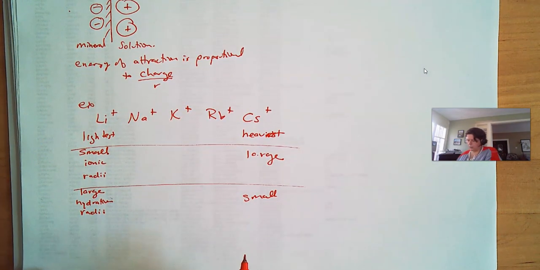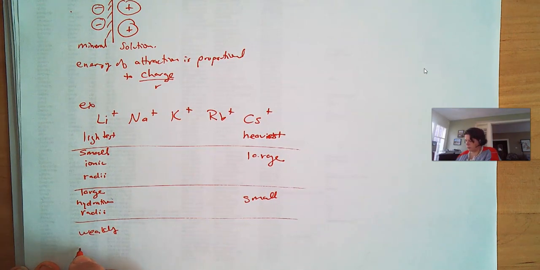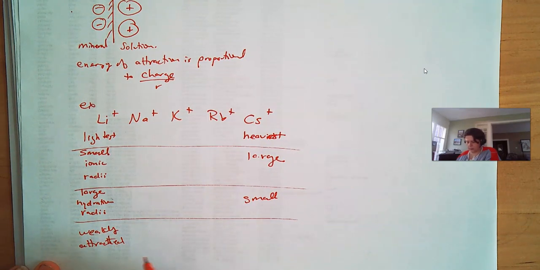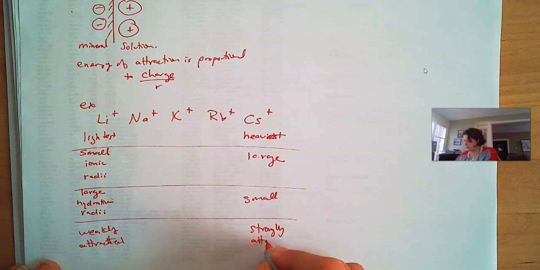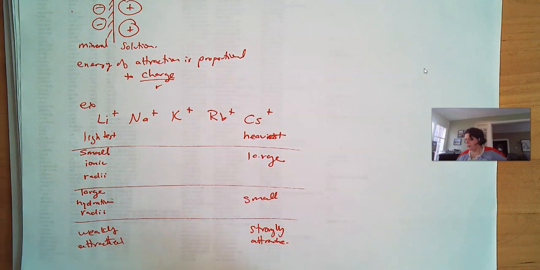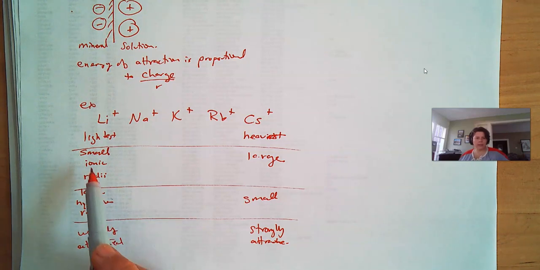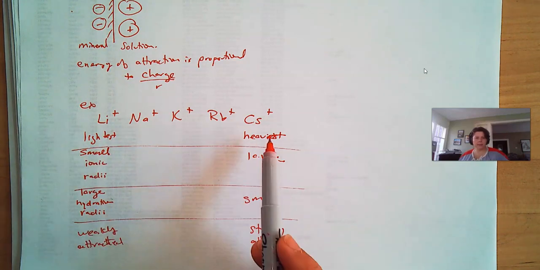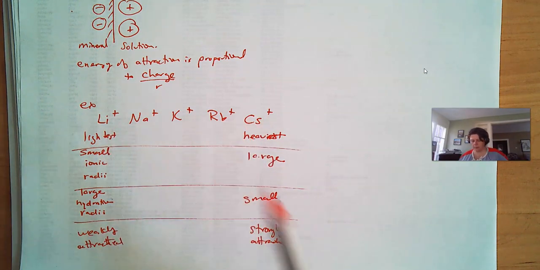hydration radii. So these are weakly attracted to the mineral surfaces, and these are strongly attracted. So these are weak: larger hydration radius, smaller ionic radius, lightest. We're going to see cesium being more attracted to our clay minerals than our lithium here.